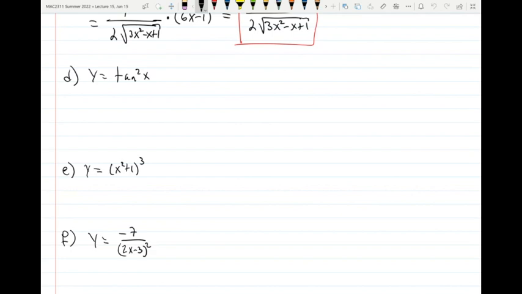Okay, so for D, what's the outside function? Square. And what's the inside function? Tan. Okay. So what's the derivative? 2 times tan x times secant squared of x. Very good. Does everybody understand this?